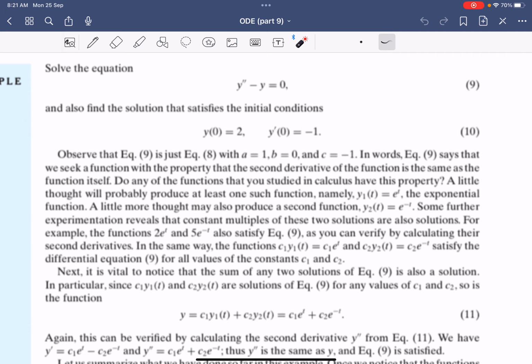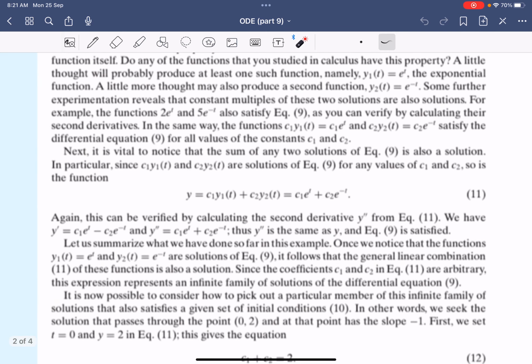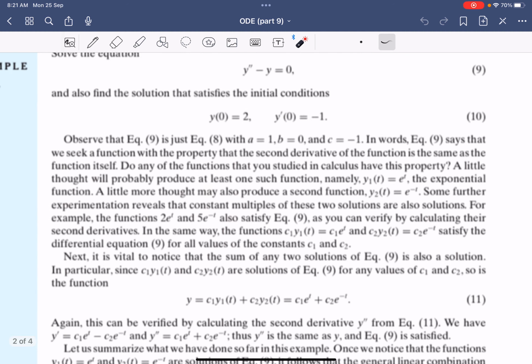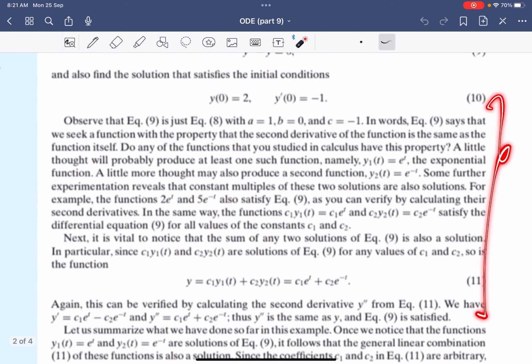Another important thing to note is that the sum of any of these solutions is also a solution. This means a linear combination of these solutions is a solution to the ODE, and we can indeed verify this by checking the following formula.